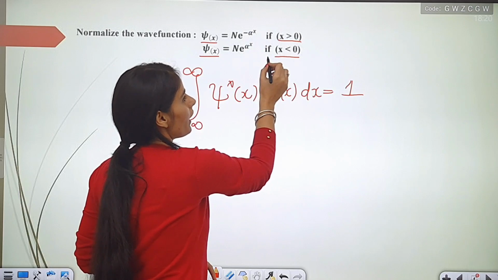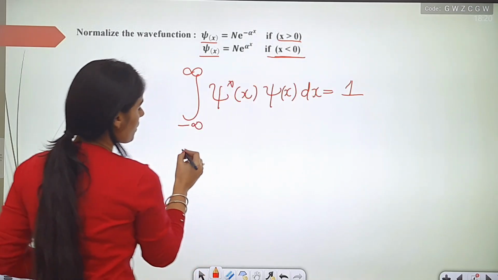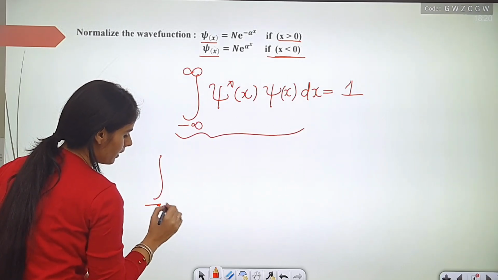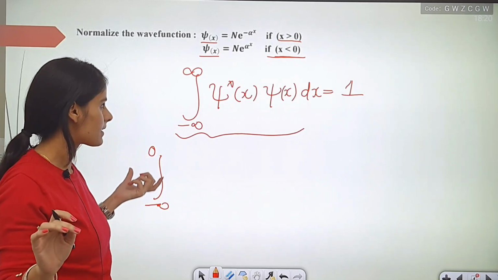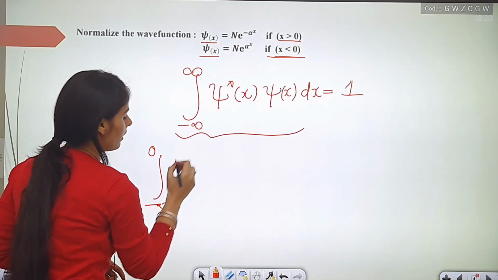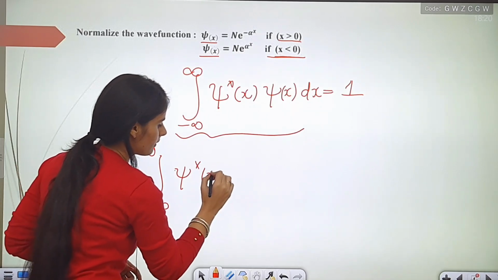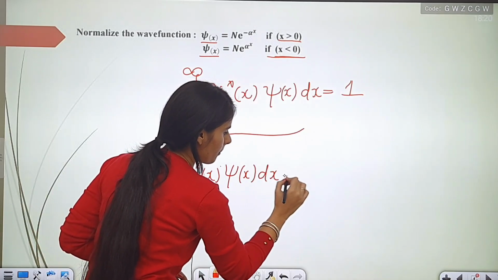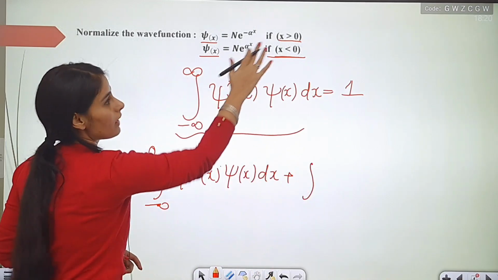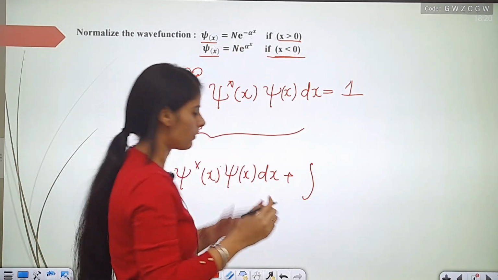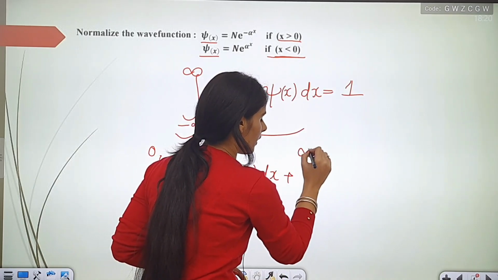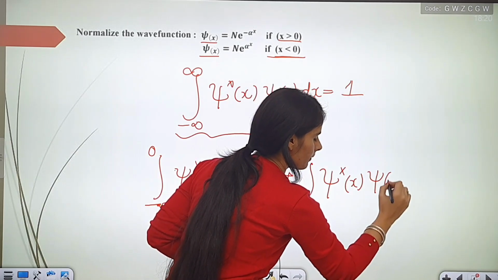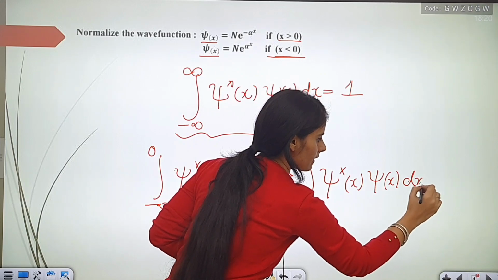Now we are trying to change this formula according to our requirement. As it is given, for x less than 0, the wave function is this. So I am going to break this whole integration into two parts: from -infinity to 0, that means x less than 0, with our wave function psi star x psi x into dx, plus again for x greater than 0, that means from 0 to infinity, again psi star x psi x into dx.